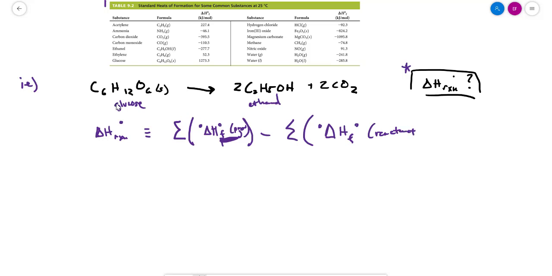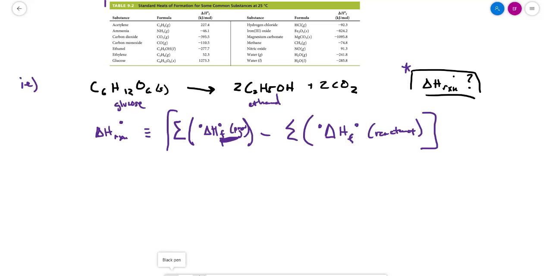The other way of saying this is we sum up all the energy that it took to produce the products from their constituent elements, and we subtract all of the heats of formation, or the energy required to form those reactants from their elements. The net difference between those two is going to be the actual change in energy of the bonds forming and breaking in that specific reaction.